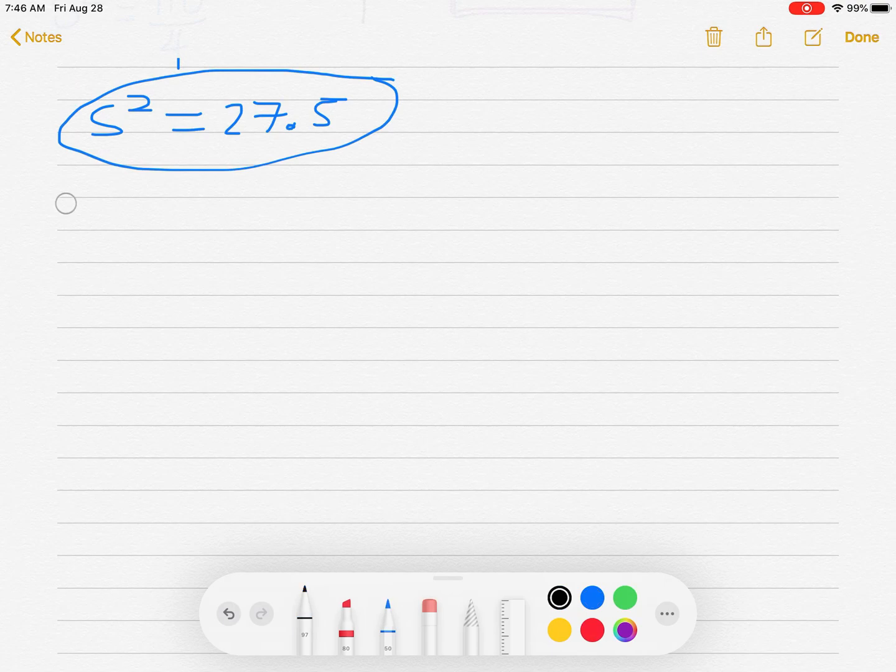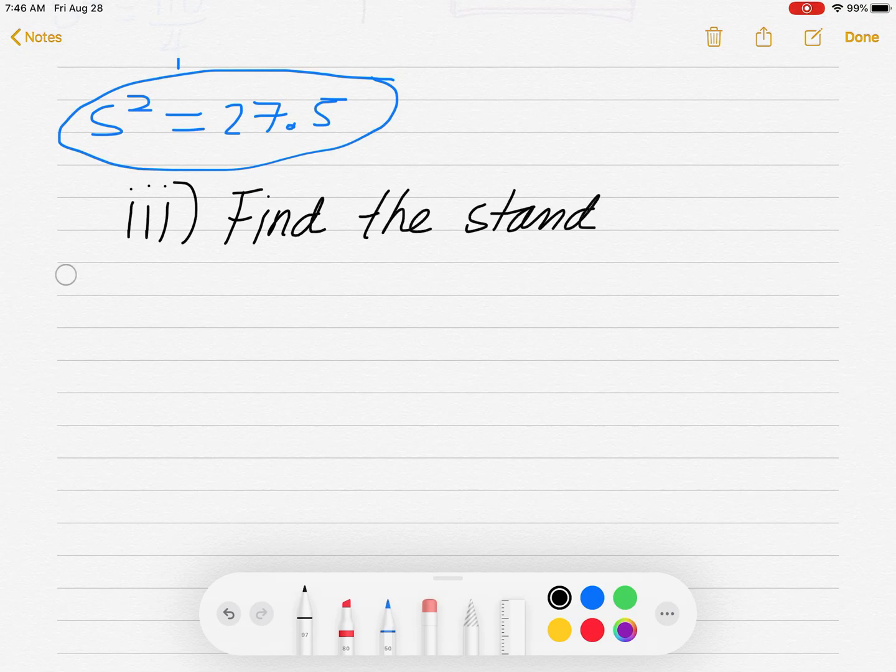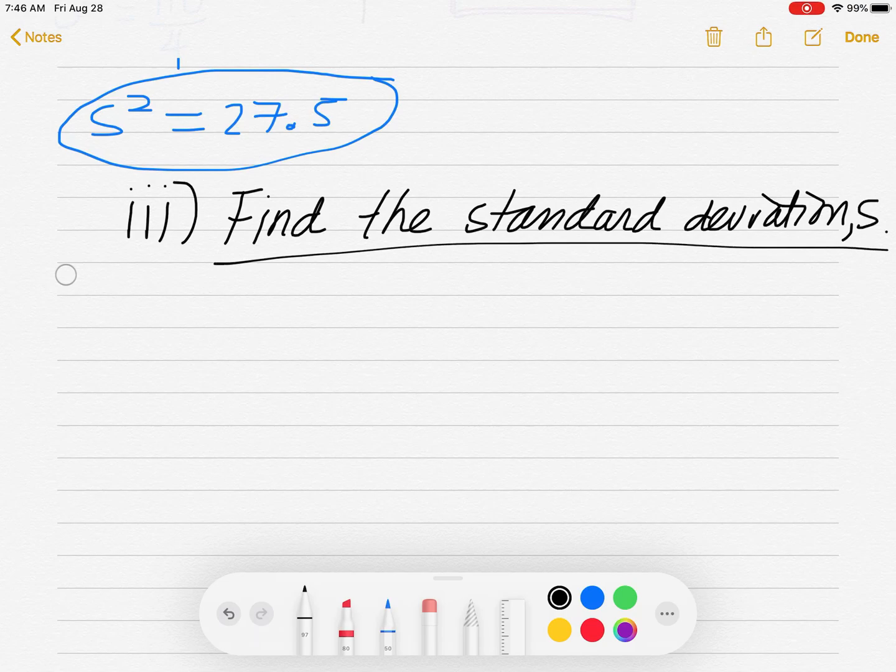Now, the last step I want to do here is calculate the standard deviation, s. So how do you find the standard deviation? Well, remember your formula.